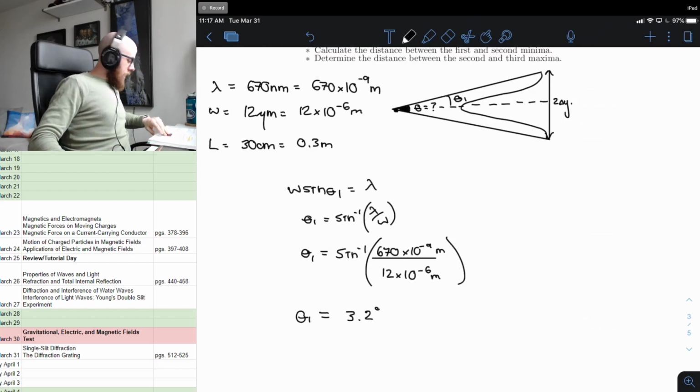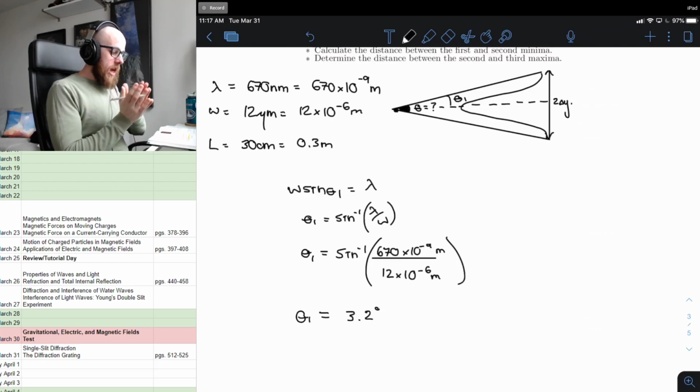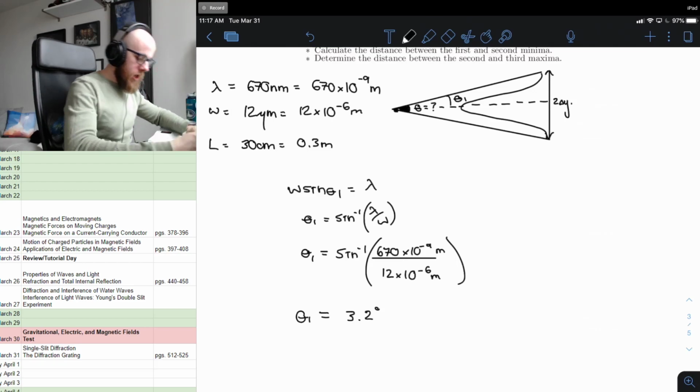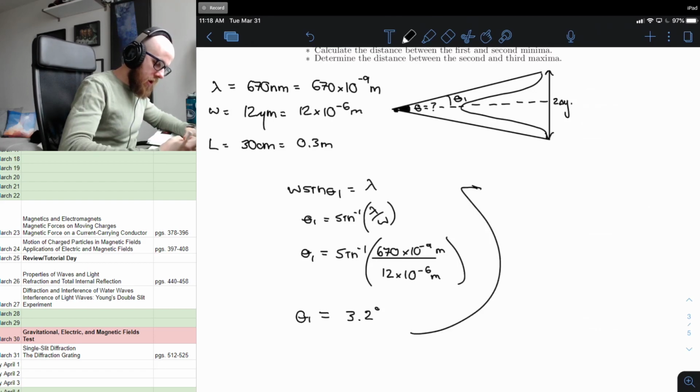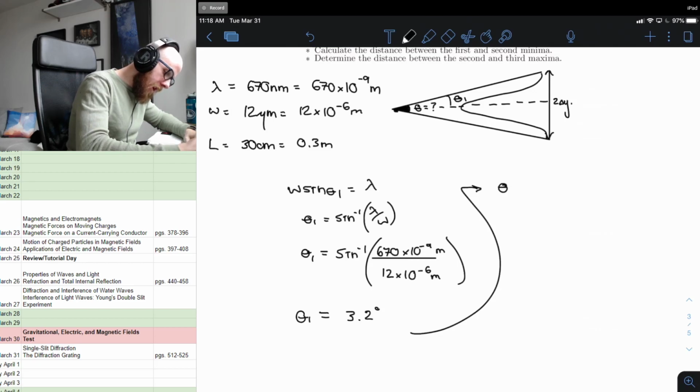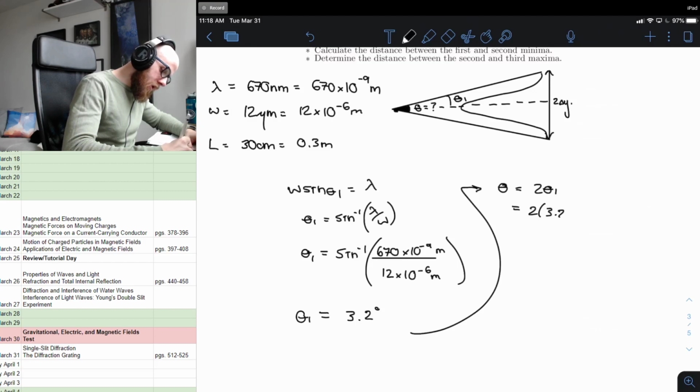Finding that value is good, but what I have to do from here is double it to find the full angular width of the central maximum. Okay, so theta, the full angle here, is equal to 2 theta 1. So 2 times 3.2 degrees, or approximately 6.4 degrees.